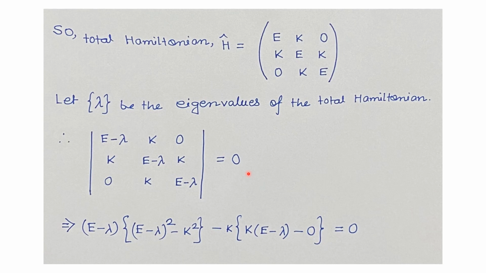To find the determinant, we will take this component and multiply it with this 2 cross 2 determinant, that is E minus lambda k, k E minus lambda, and similarly for the other components also. After doing that, we will get E minus lambda times E minus lambda whole square minus k square in the parenthesis, minus k times this term in the parenthesis, that is k into E minus lambda minus 0, and that equals 0.